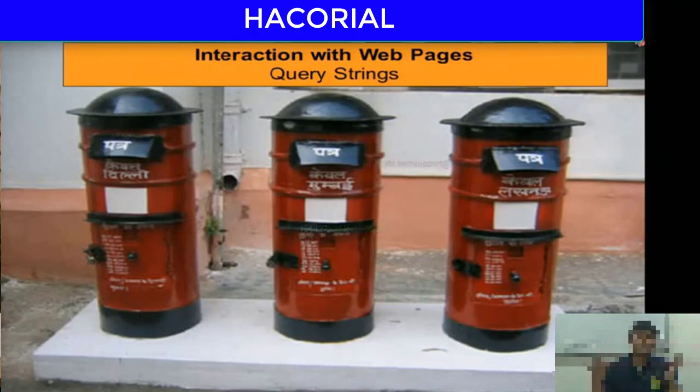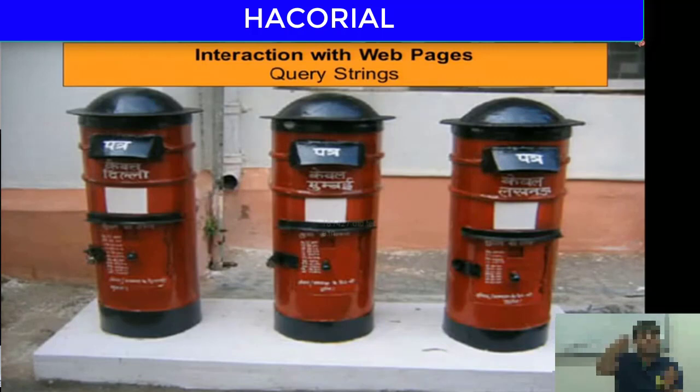Right? Similarly, if you go to some airline website or maybe some travel website like cleartrip.com or goibibo.com or makemytrip.com or yatra.com, you select your source. So if maybe you're flying from Delhi to Bombay, or you go to the IRCTC website, you're booking a train from Delhi to Bombay.